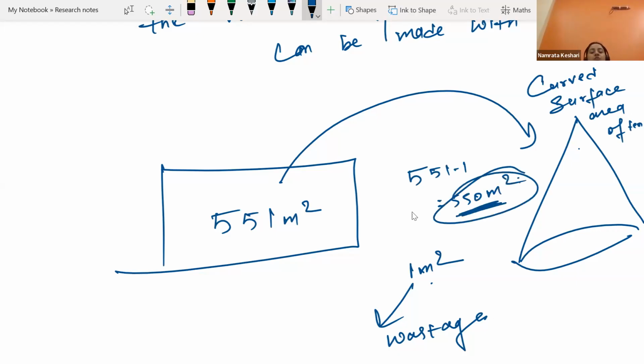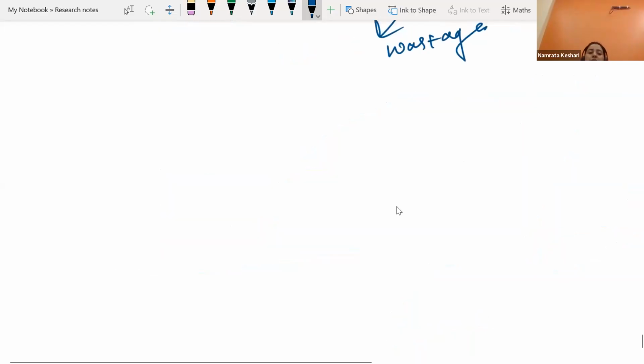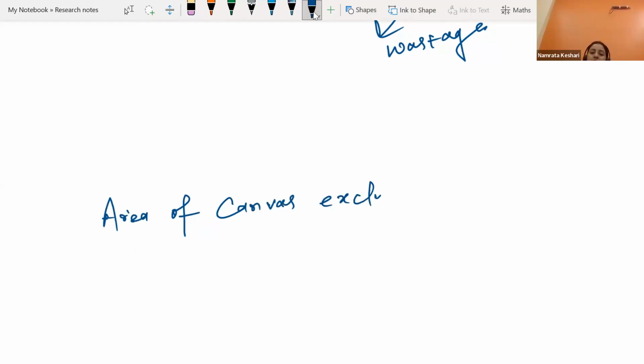This one, 550 meter square, will be equal to the curved surface area of the tent, yes or no? Yes, ma'am. Okay, so 550 meter square, you can write it like this: area of canvas excluding margin is equal to curved surface area of the tent.